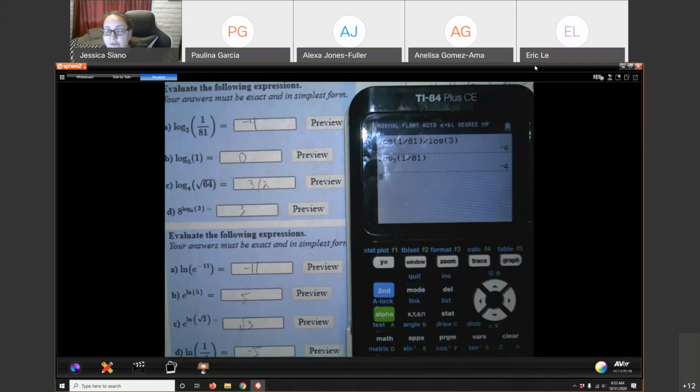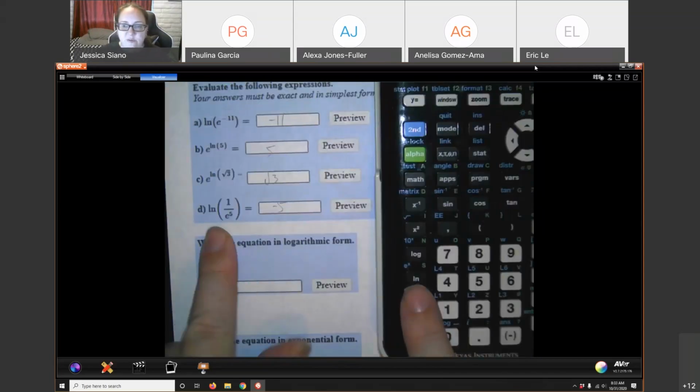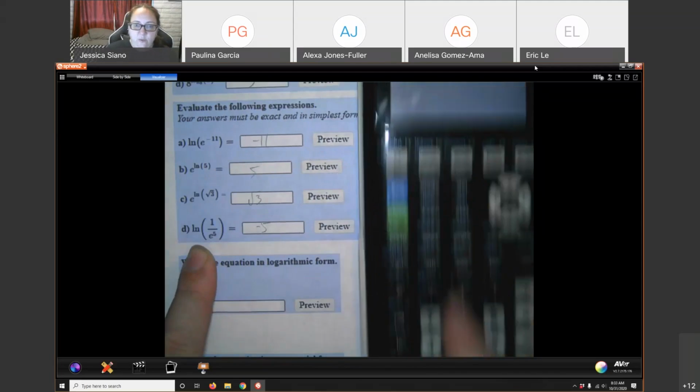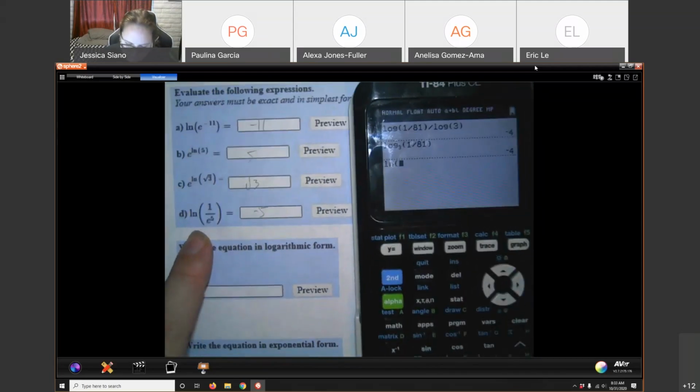If you have a TI-83, you have to do it the top way. And then your e and your ln button are right below log. So if you were really perplexed about this one, you could have said, okay, what is the ln of 1 over e to the 5th.